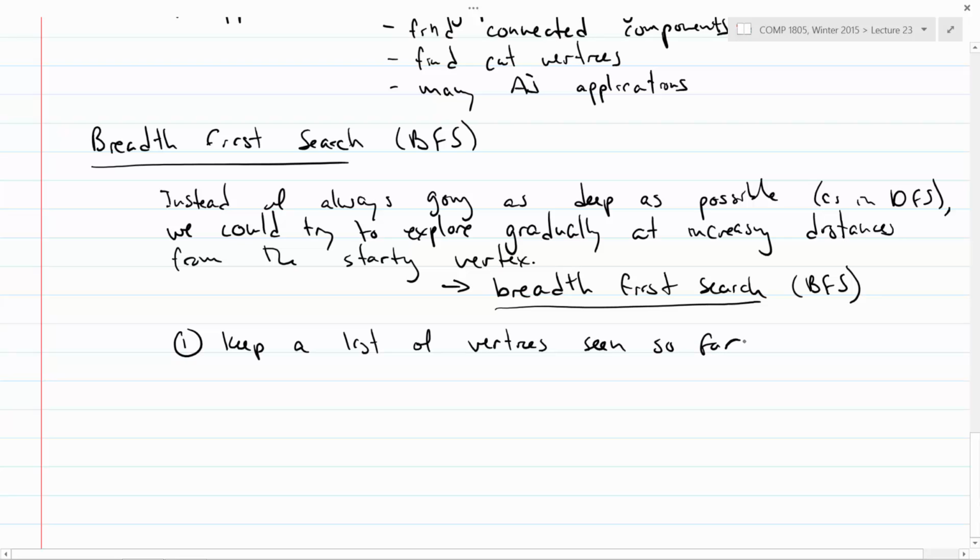Initially, this just contains an arbitrary vertex. That's the same idea as last time. It's our starting point, if you like. And now we get into the algorithm. The algorithm says, add all adjacent vertices to the end of the list.